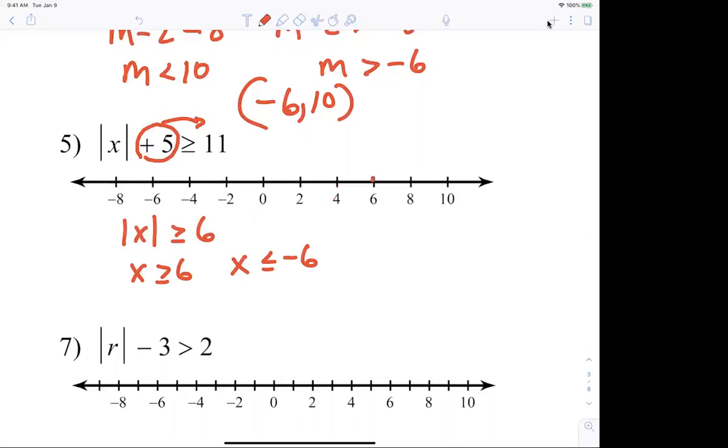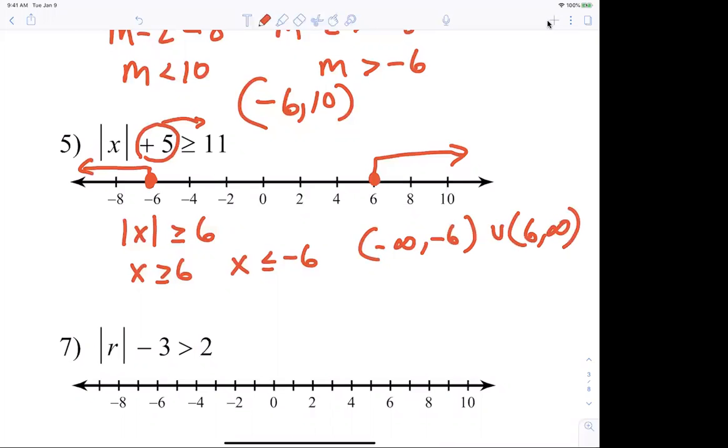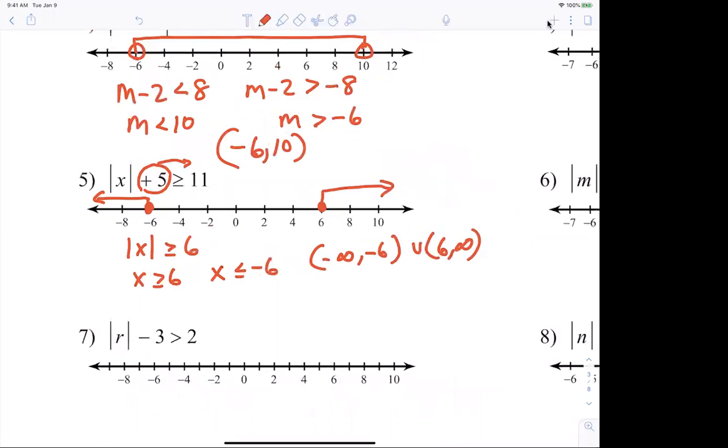So you're greater than or equal to 6, or less than or equal to negative 6. Right, so from negative infinity to negative 6, union 6 to infinity. All right, how am I making sense, guys? Everybody?